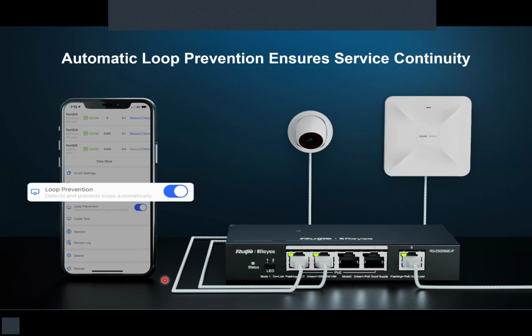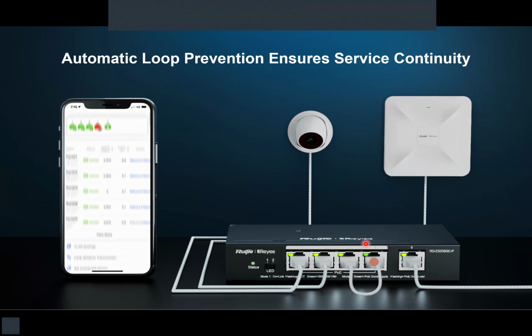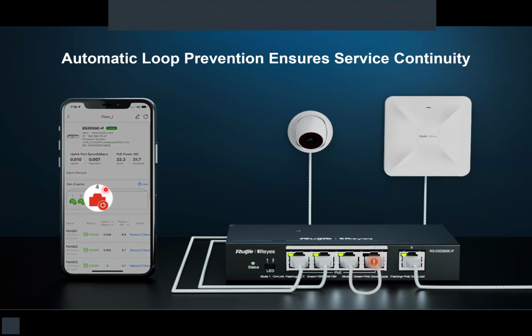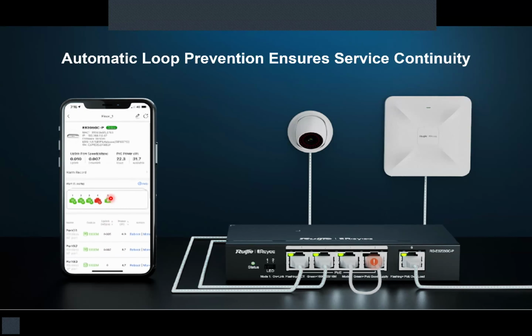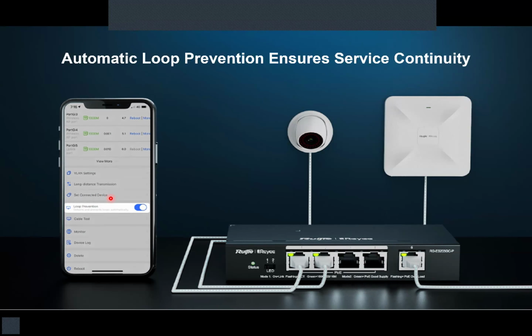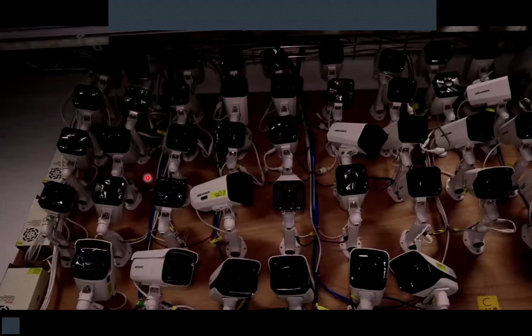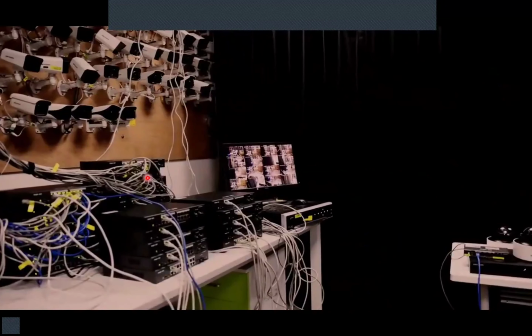But if we open the loop prevention, and a loop occurs, we will show you in the app. Okay, and you can quickly find which port is looped, and we will shut down the port automatically, so the network will not be influenced. So this is the loop prevention. Okay, this is the video to show you the loop prevention.